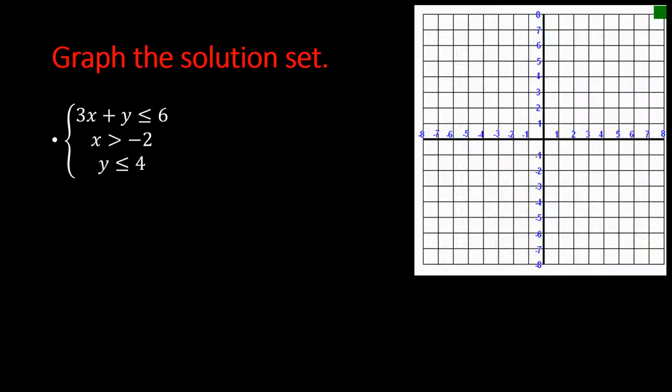All right, let's look at another one. We're going to look at one that contains 3 inequalities. 2 of these are straight lines. If we look at x is greater than negative 2, we're going to have a dashed line. x equals negative 2 is a vertical line at negative 2, and that's going to be dashed.